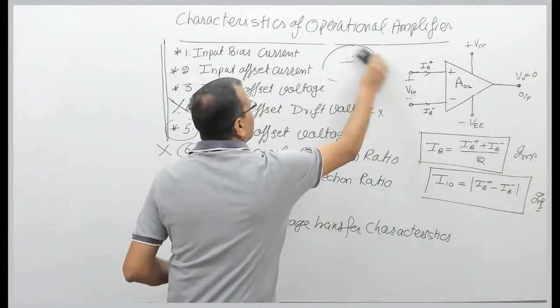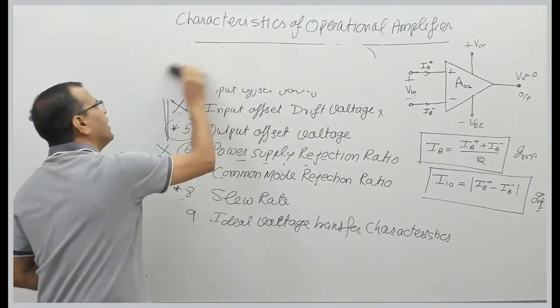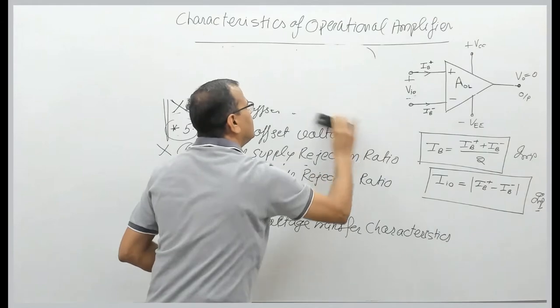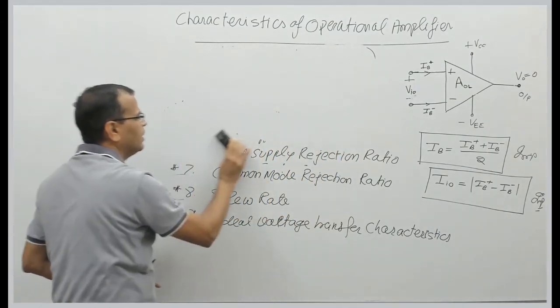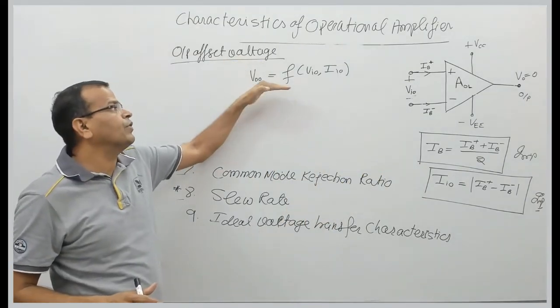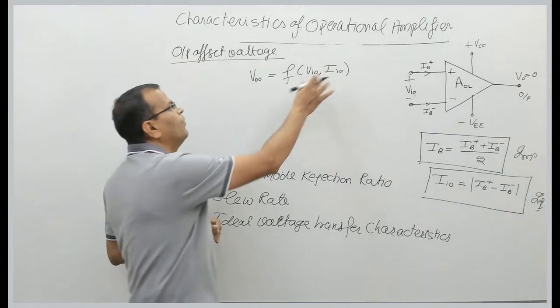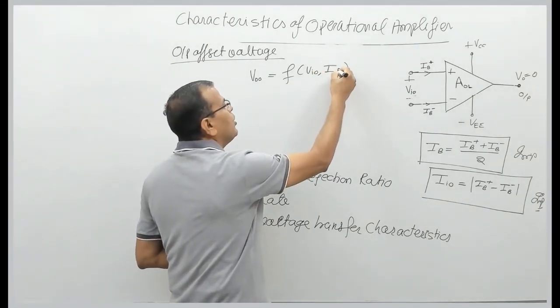Fine. So let us switch back to what I discussed earlier. That is nothing but output offset voltage. Output offset voltage of an op-amp is a function of input offset voltage and input bias current.